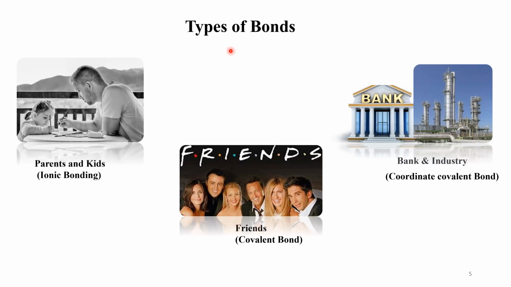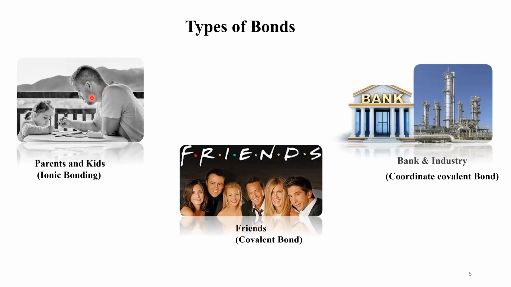So as we discussed the ionic bond, the best example is the parents and the kids. Your parents are giving their best and they are on the donor side and they're completely sharing everything with the kids to raise them, to groom them, to educate them, to feed them. So we are only on the accepting side and it is the complete transference, basically, not the sharing.